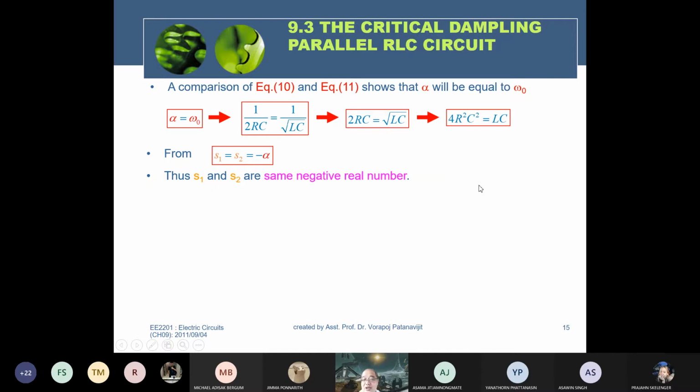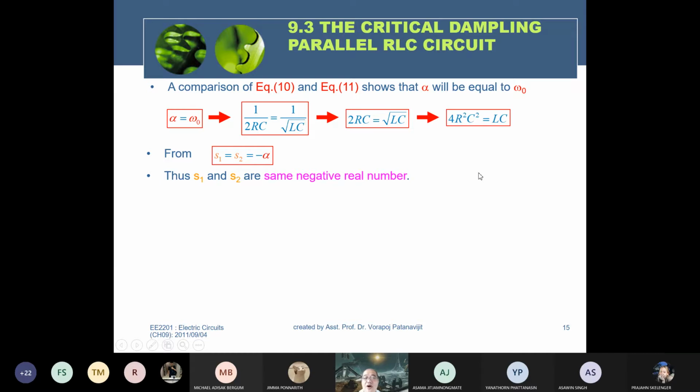But in real situations, the resistance, capacitance, and inductance always have some error, maybe 5% or 10%, depending on the chip that you implement them with. Therefore, with the error, this equation is never matched exactly.